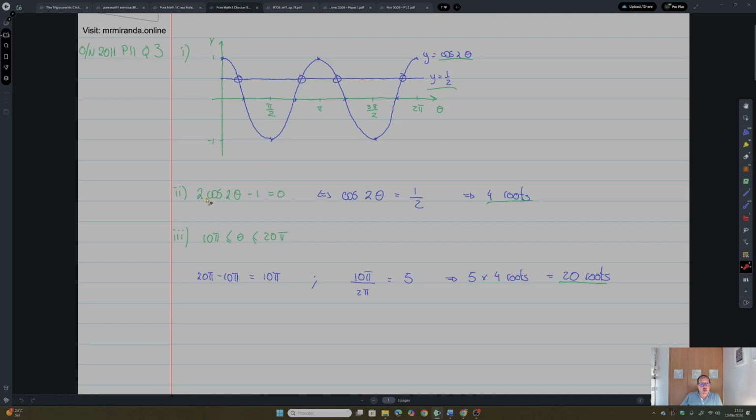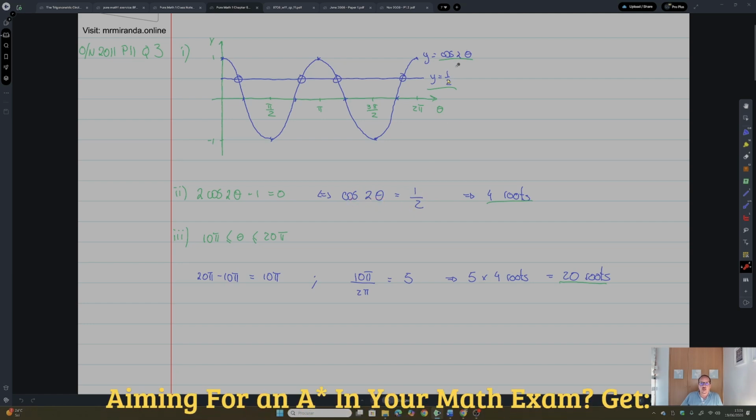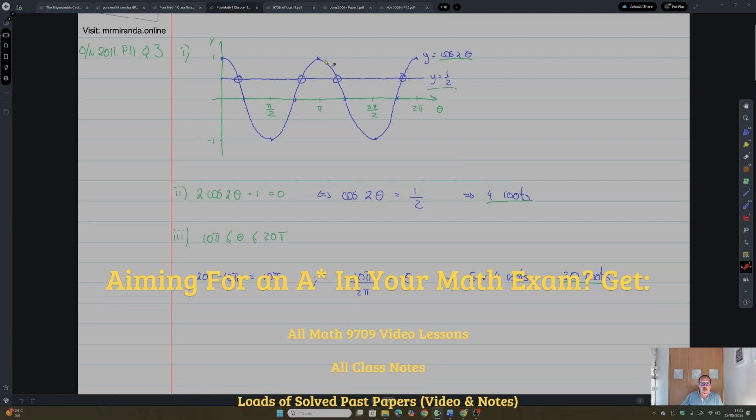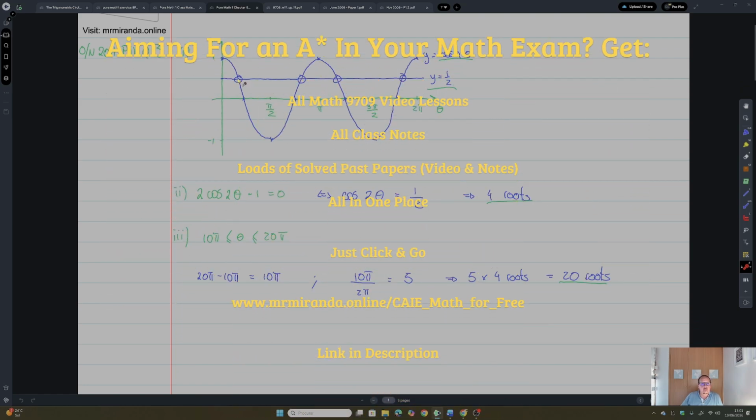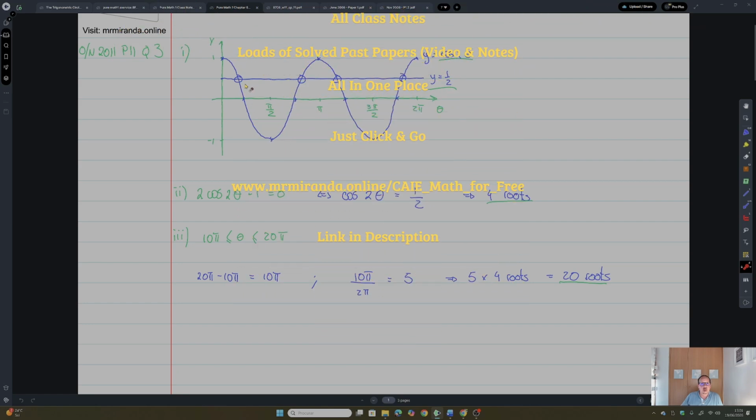Because if you rearrange this, on the right-hand side of the equation you have 1/2. So you are equating cosine of 2 theta to 1/2, which, in a situation where you already have the sketch of both, is just finding the points of intersection between the two. And how many do you have? You have 1, 2, 3, 4, which correspond to the number of roots.